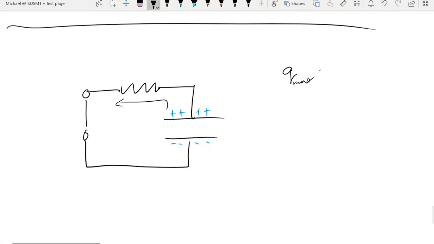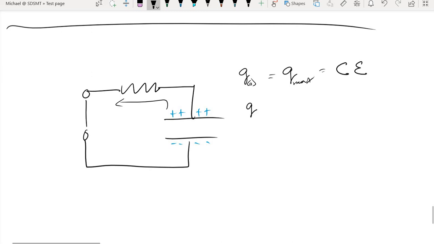The maximum charge that we had on the capacitor plate, we said that that was CE. Now that value does depend on the battery that our circuit was previously hooked up to. But this is now going to become the initial charge value that is on our capacitor.